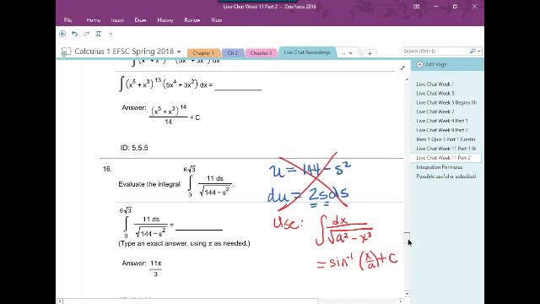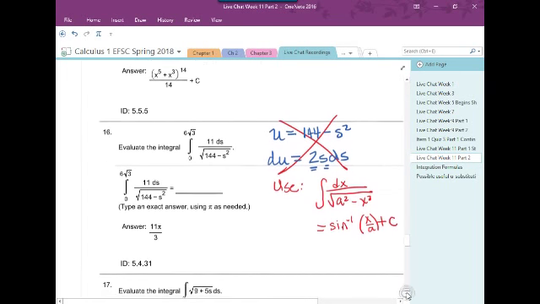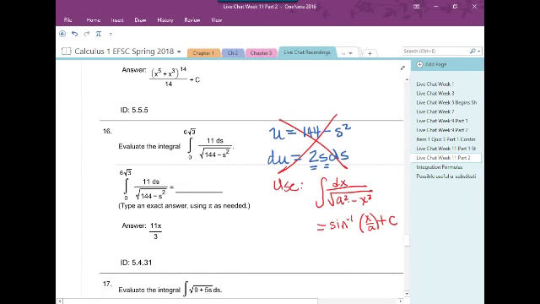To use this formula, you're going to need to figure out what a is. What squared is 144? That's 12 squared.